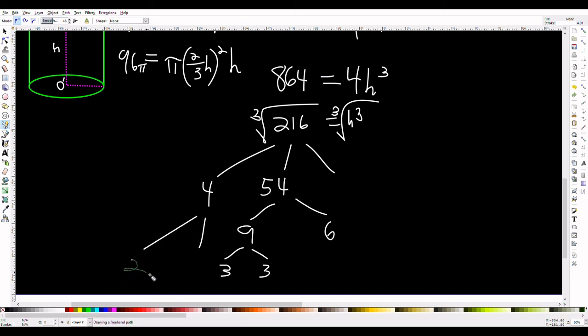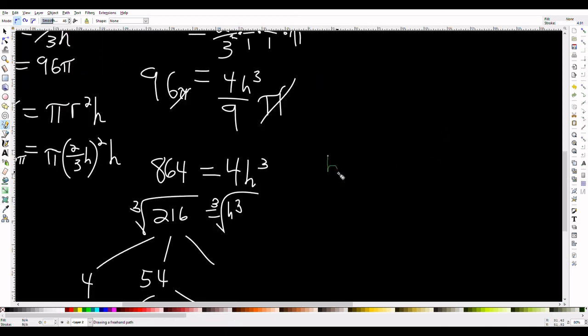Our 4 up into 2, and 2. And our 6 up to 2, and 3. You'll notice that we have 3 of a kind on 2s and 3 of a kind on 3s. So we'll pull both of them out and multiply them by each other. H equals 2 times 3. H equals 6.